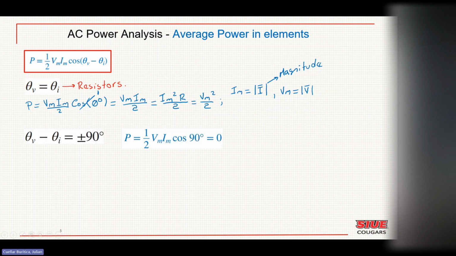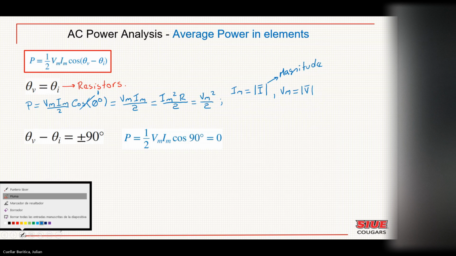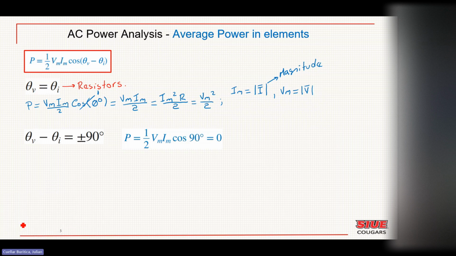What happens with inductors and capacitors? The difference in phase between the current and voltage on inductors and capacitors is of plus 90 degrees for the inductors and negative 90 degrees for the capacitors.